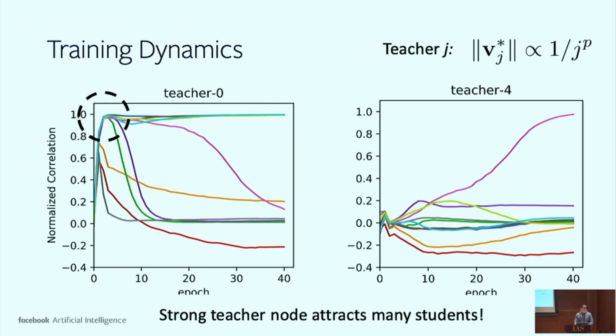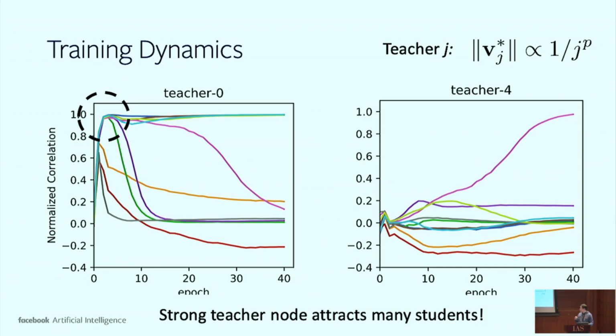There are some slides showing the training dynamics of what happens for strong and weak teachers. We initialize the teachers so that the fan-out weights are bigger in norm for teacher 0 and smaller for teacher 4. You're going to see that the students rush to the very strong teacher 0.